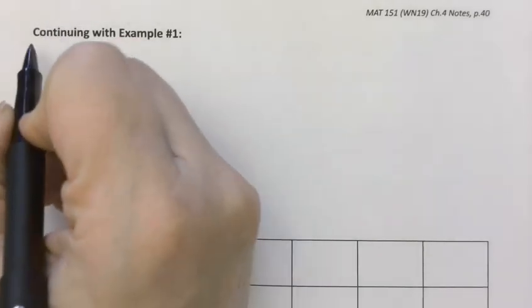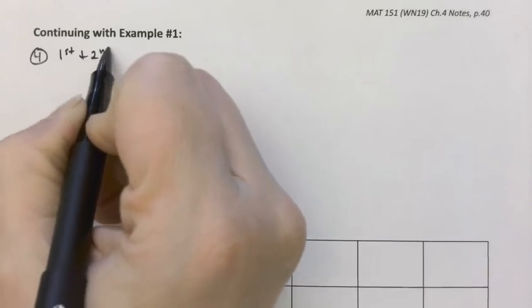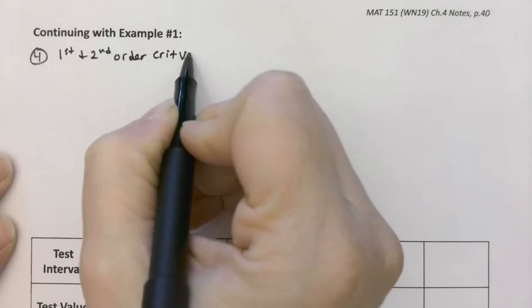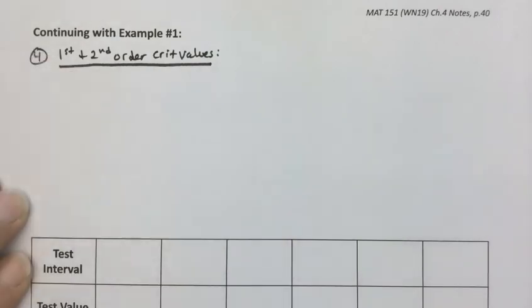All right, so step 4, we want the first and second order critical values. So first order critical values, let's start with those.